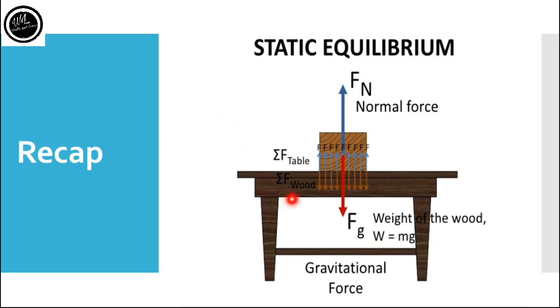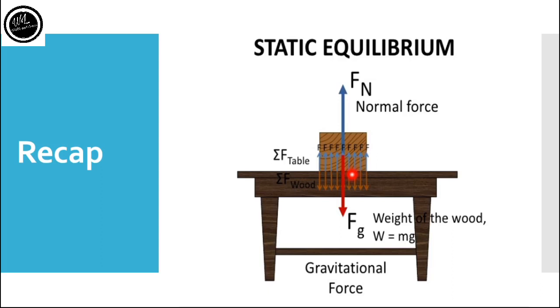If you look at this example here, this is a block that is lying on a table. You can see that the weight of the block is acting in a downward direction, while the reaction of the table is acting in an upward direction. So these two forces cancel the effect of each other, and the resultant of the forces will be equal to 0.